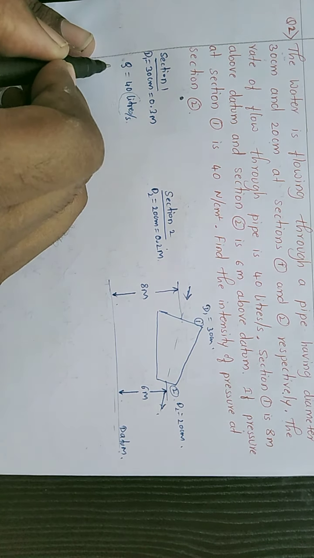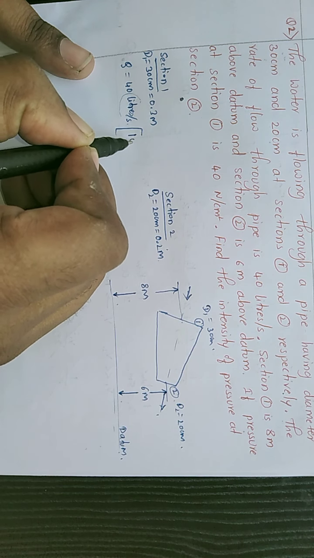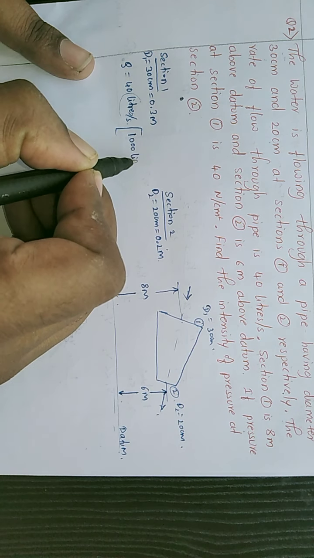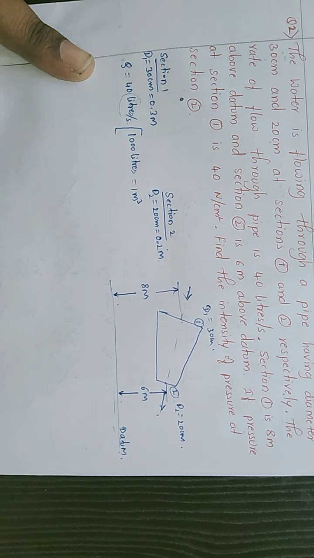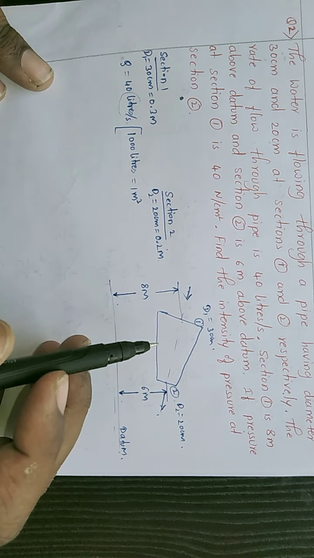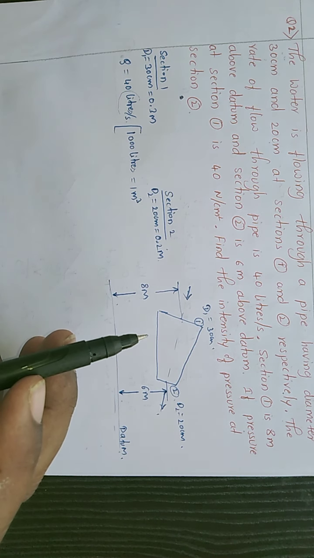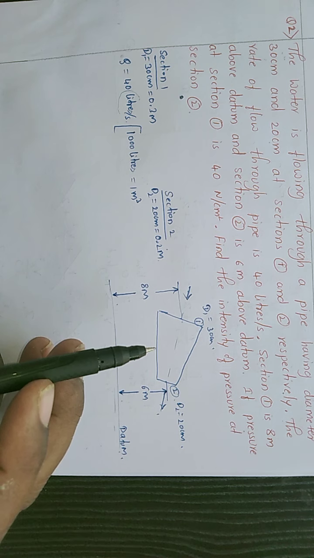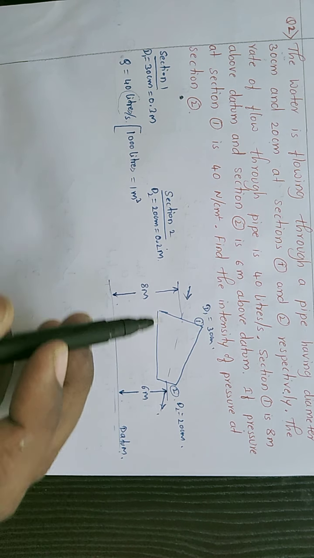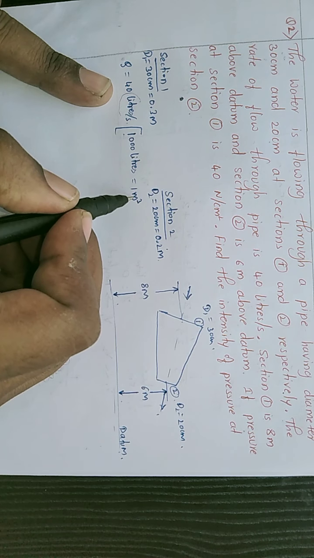We know that 1000 liters is equal to 1 meter cube. If I take a box of 1 meter length, 1 meter breadth and 1 meter height and go on putting water, that box will hold 1000 liters of water. So that is the meaning of this.